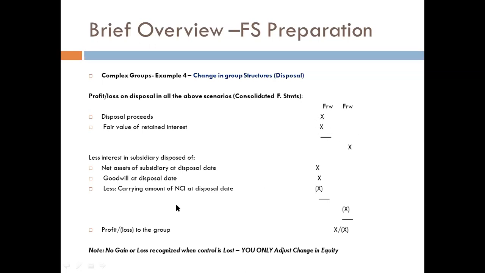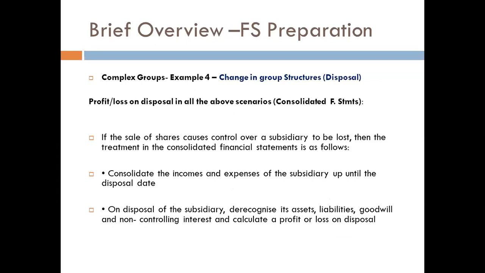So you will take all of this and you less the interest in the subsidiary that has been disposed. That is the net assets of the subsidiary, plus the goodwill at disposal date, and of course, remove the non-controlling interest at disposal date because it's not actually yours in that case. Compare what you received as disposal proceeds, with the fair value, to the net assets of the subsidiary disposed, and see whether you made a loss or gain. And of course, this is very important to note in this case.